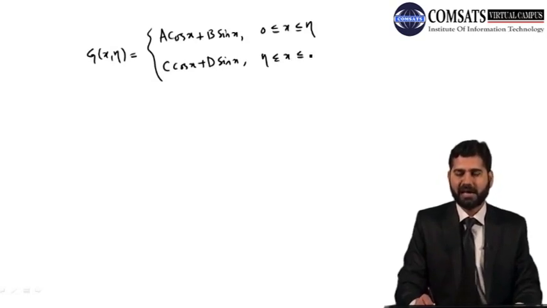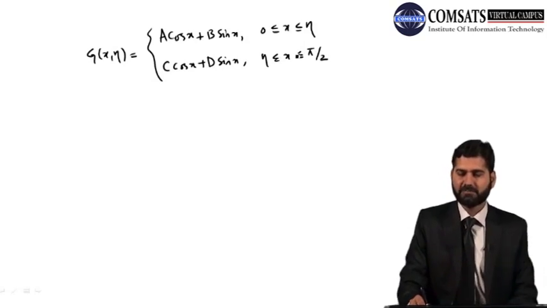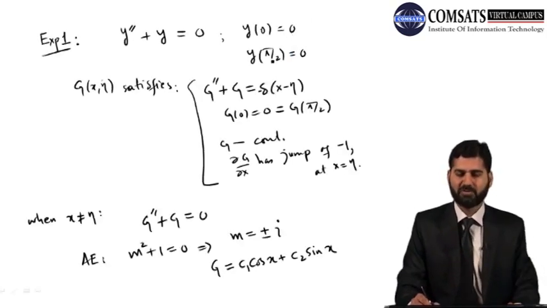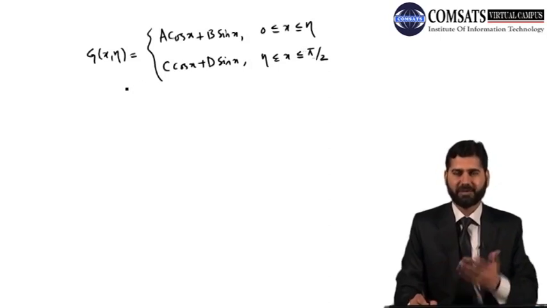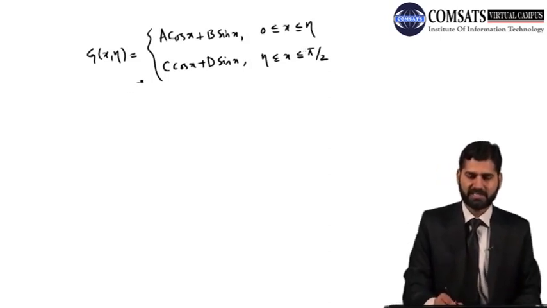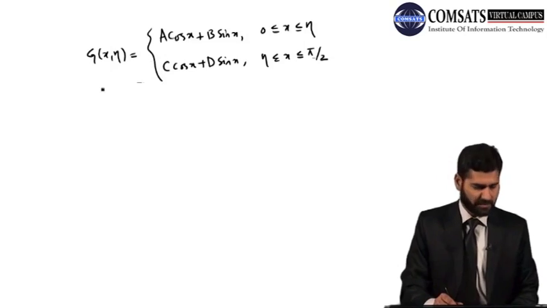So either x is less than eta or greater than eta. This is pi by 2 because our conditions are from 0 to pi by 2. So our L is pi by 2 here. You cannot write from 0 to L now because our boundary condition is at pi by 2.